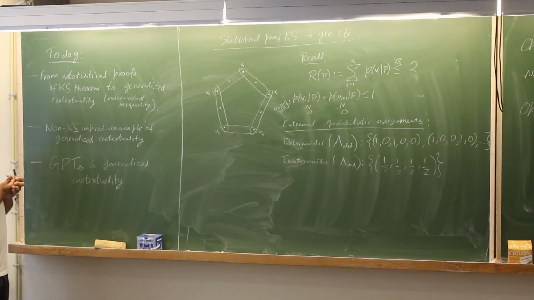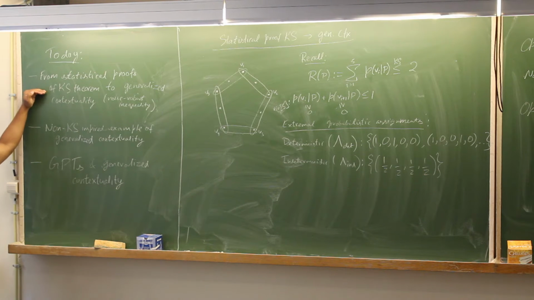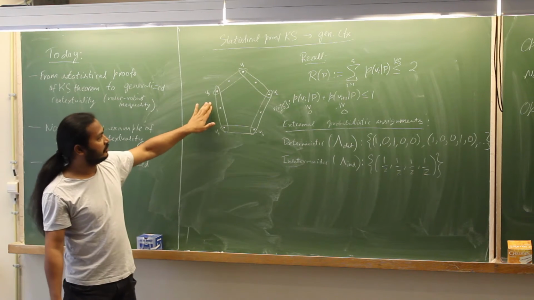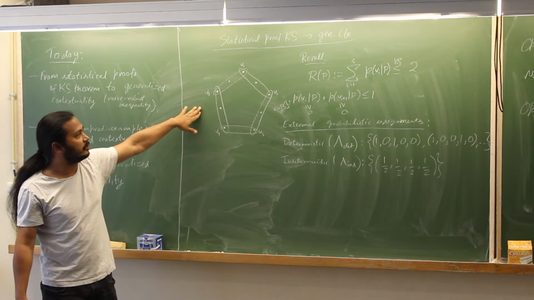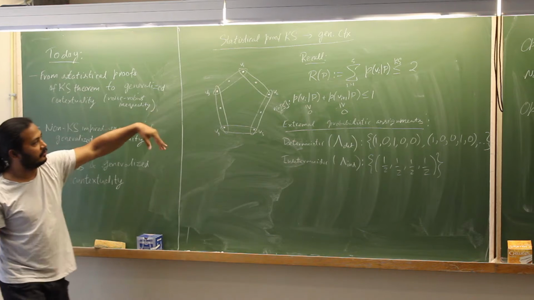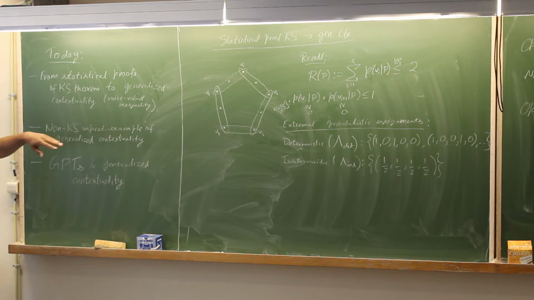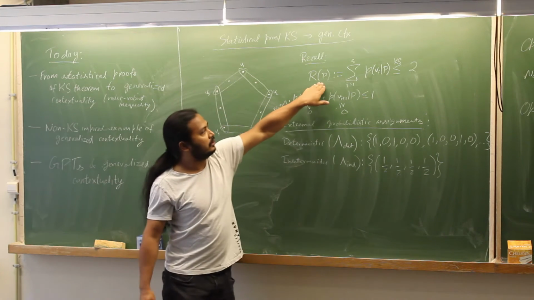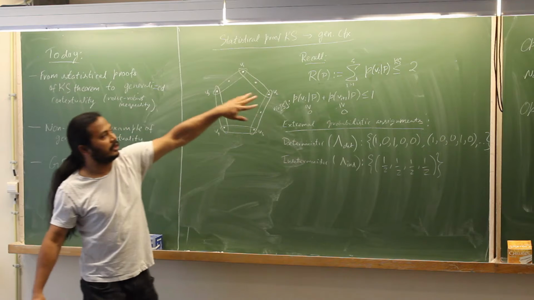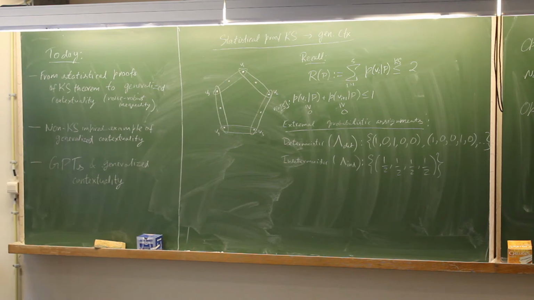So today, firstly, I'm going to take the other category of proofs of the quotient spectral theorem, which are the statistical proofs, which I had introduced in the first lecture. For example, the simplest proof, with 5 vertices that appear in this functional, and there's a certain bound there.